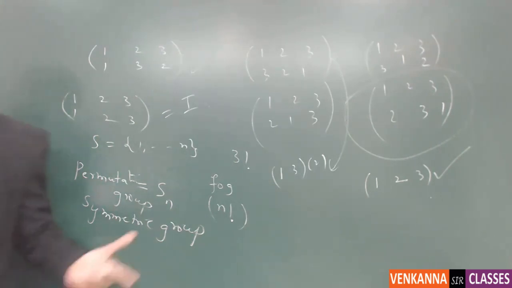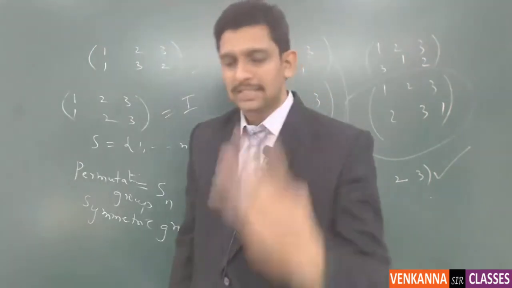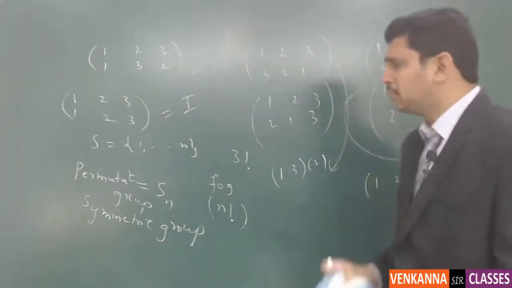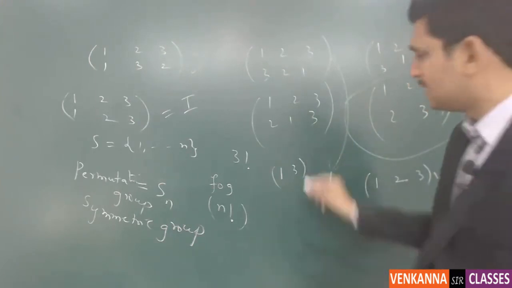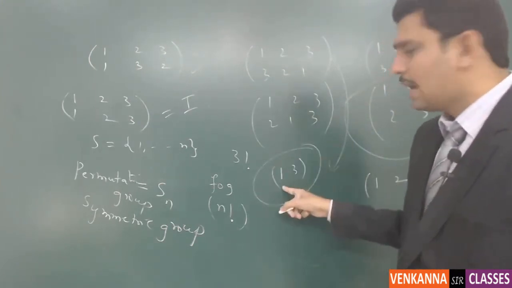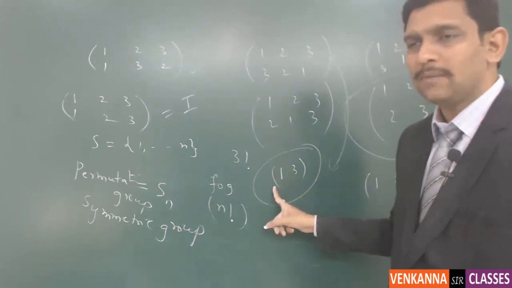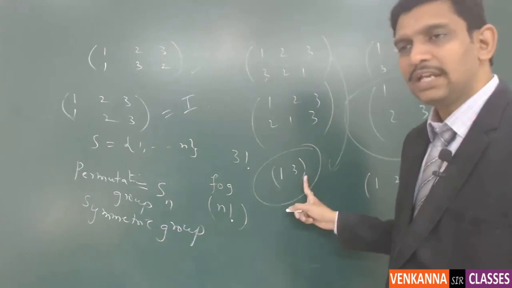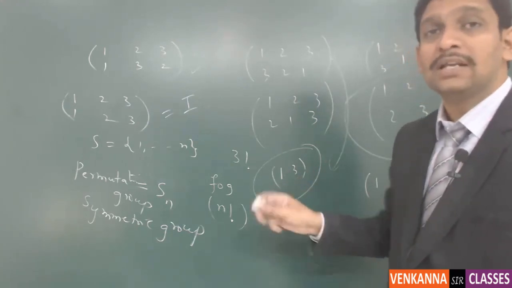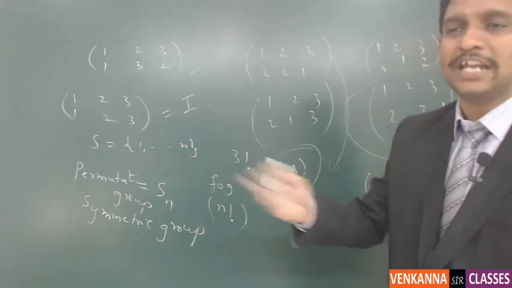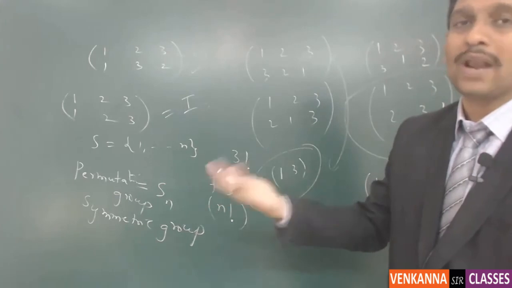One more thing: as you know, it contains a maximum of 3 symbols. There is no need to mention these two separately. If I simply write like this, by default I need to understand that the smallest value is 1 and the largest value is 3. So 1 is paired with 3, 3 is paired with 1. The remaining symbols are identity. 2 is with 2, 4 is with 4, like that.